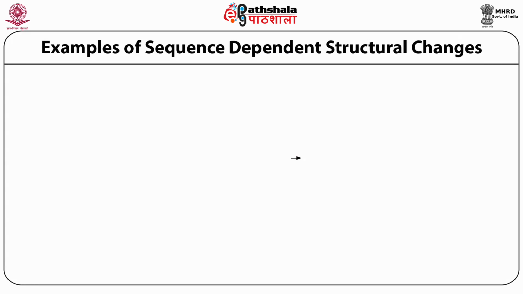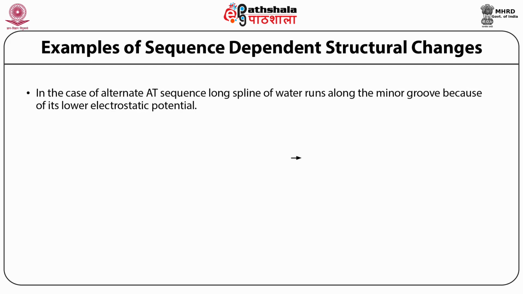I can give you a few more examples of sequence-dependent structural changes in DNA. In the case of alternate AT sequence, a long spine of water runs along the minor groove because of its lower electrostatic potential.